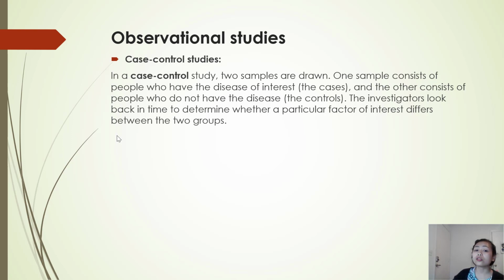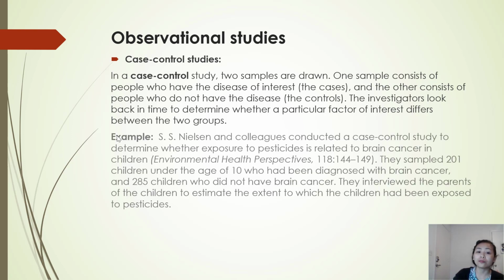The other group consists of people who do not have the disease, and that is called the control group. The investigator looks back in time to determine whether a particular factor of interest differs between the two groups. So that's a case control study.